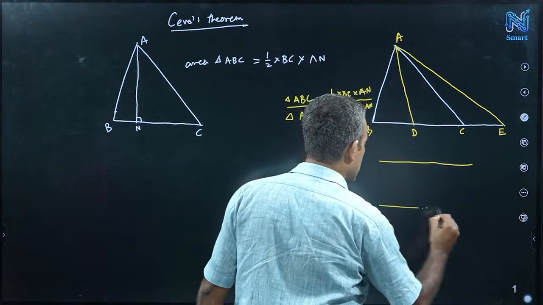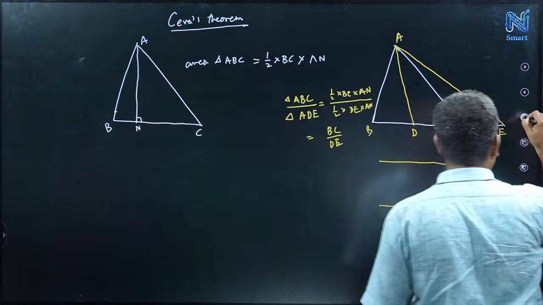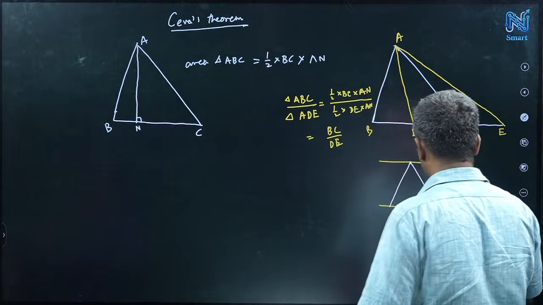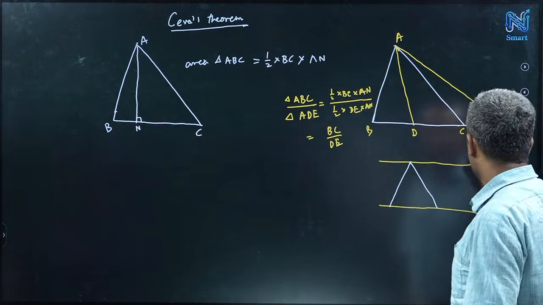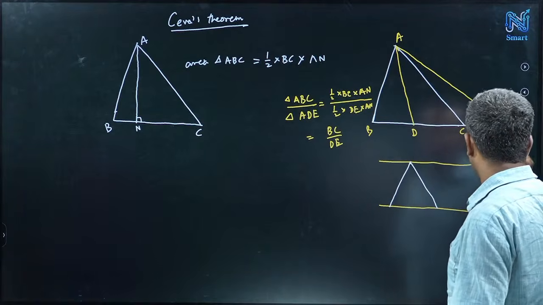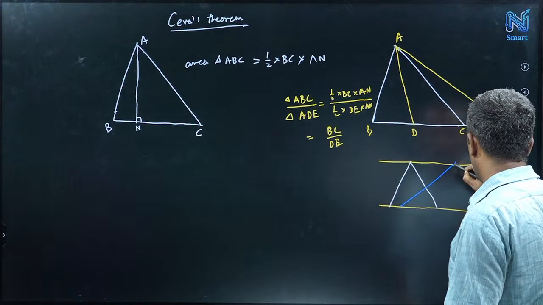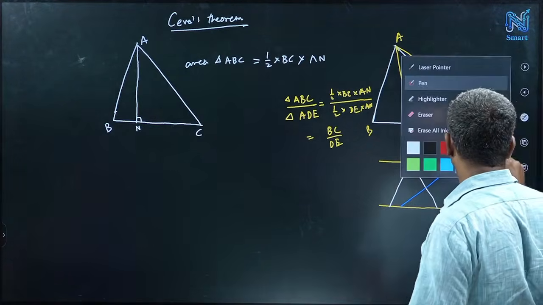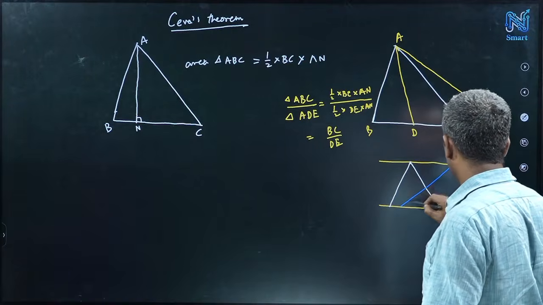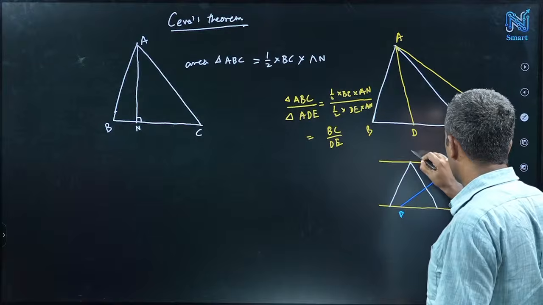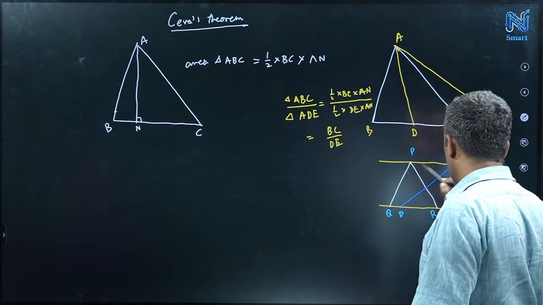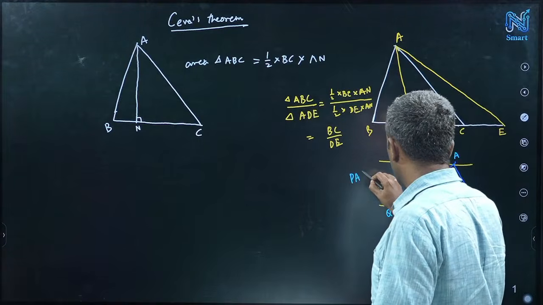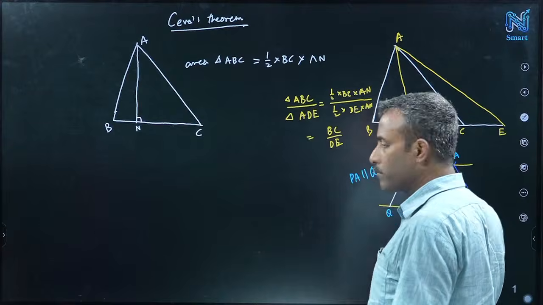if we have two parallel lines, and we have two different triangles like that, say ABC and PQR. Now PA is parallel to QC.